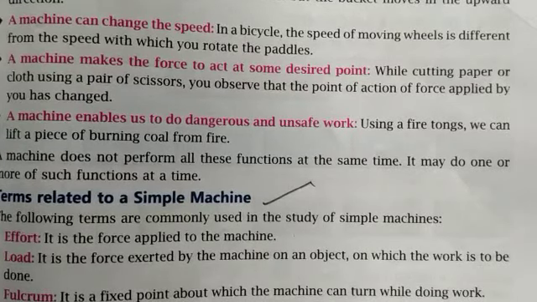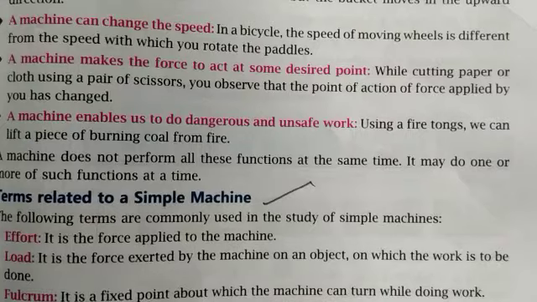The next point is, a machine makes the force act at some desired point. So what is this desired point? For this we can take the example of cutting paper or cloth using a pair of scissors, where the point of action of the force applied by you has changed. For example, I have taken a piece of paper.